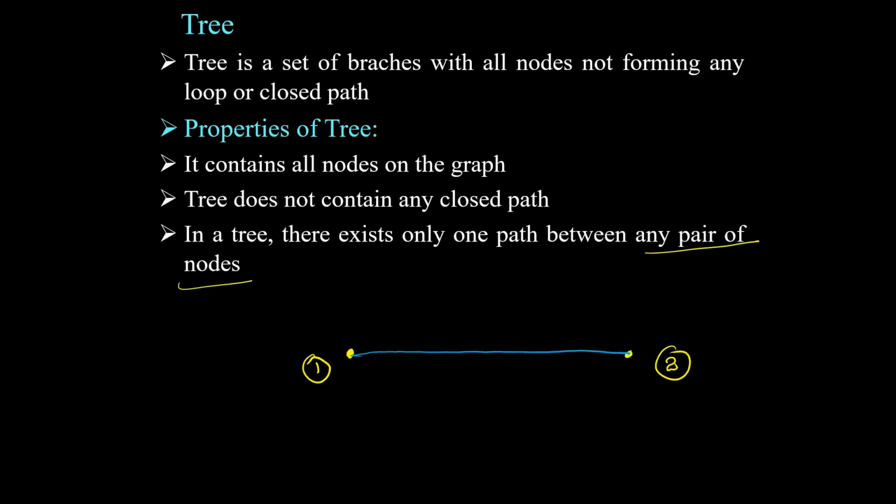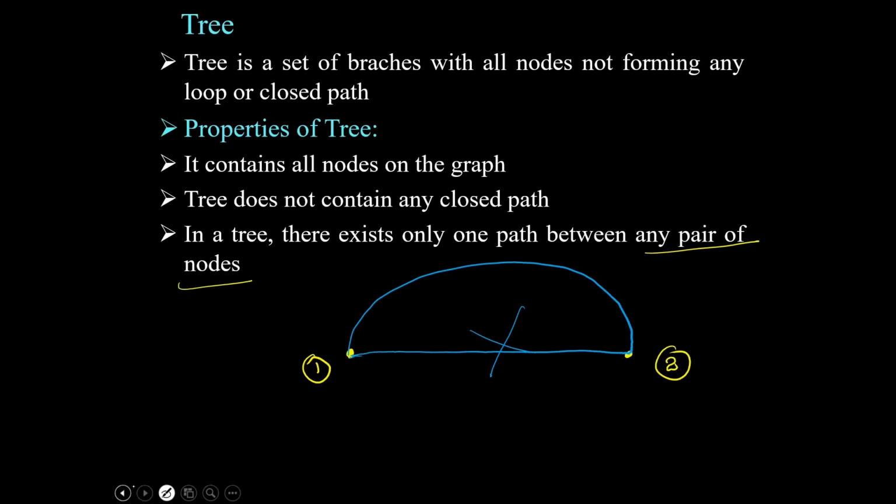So what will happen if you consider more than one line between the two nodes? It will form a closed path. Okay, so whatever the direction it is, it should not have a closed path like this. So at any point we can connect only one path between any pair of nodes.